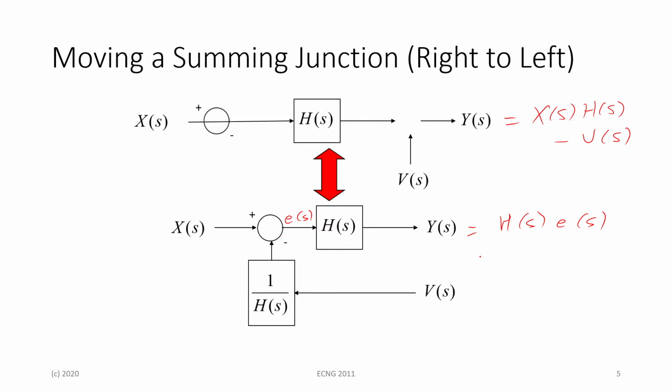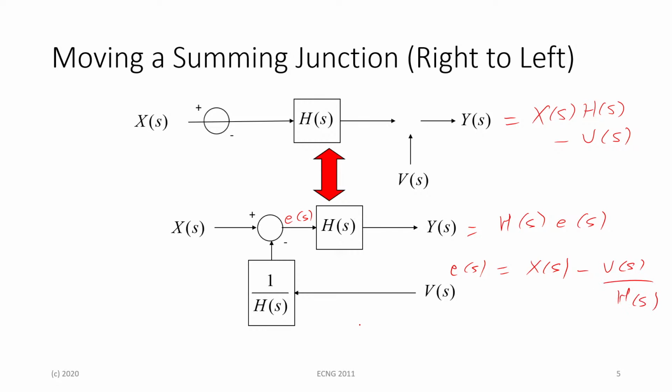And so the question we're going to ask is, because we know what y of s is in terms of h of s and e of s, what's going to be e of s here? We can see that x of s is positive going into the summation junction, so we say this is x of s. And then we have a minus sign here for v of s. So this is v of s divided by h of s, and it's going to be minus v of s divided by h of s.